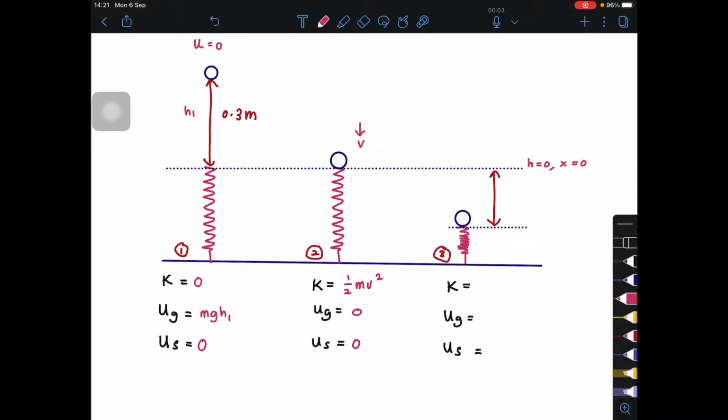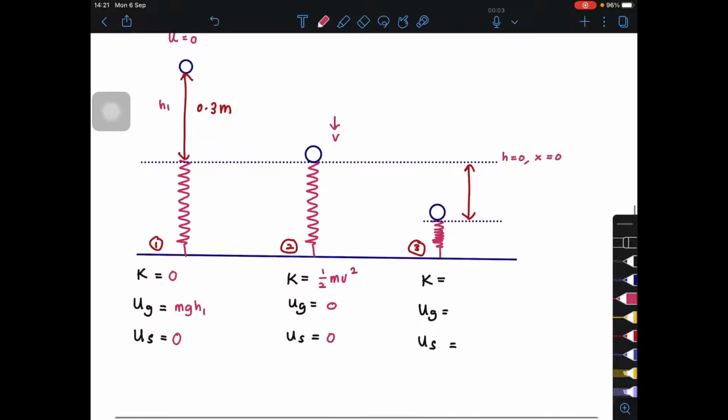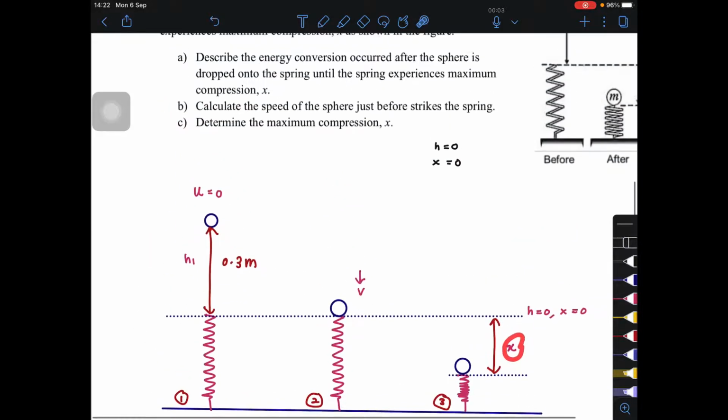Okay, and now dia sudah sampai dekat position ni di mana spring ni maximum compression. Dia experience maximum compression. Maksudnya dia tidak boleh compress lagi. Inilah paling maximum dia boleh buat. So this value here, from this point to this point, is the maximum compression with the value of x. Inilah value of x yang soalan mention tadi.